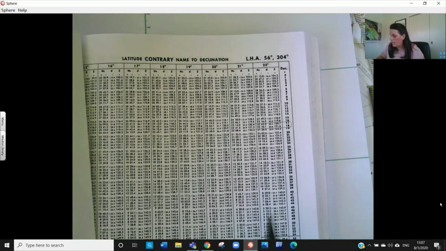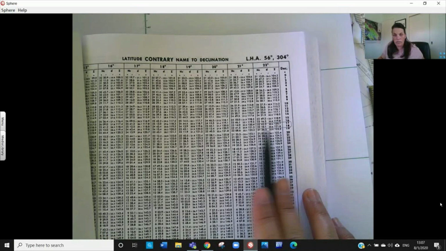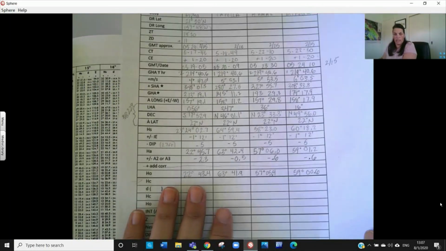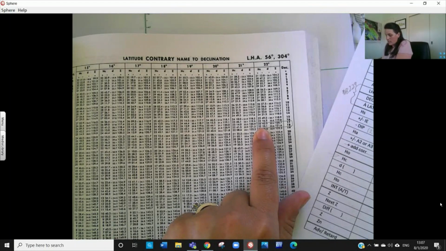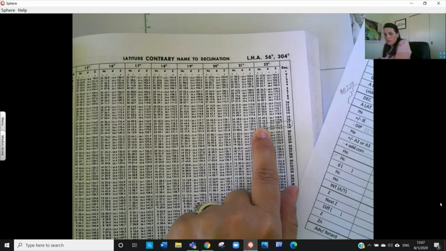I'm going to write in the information from this spot that I transpose into my sight reduction form. For HC at 17, I have 22 degrees 43.5. I'm going to write that in there.